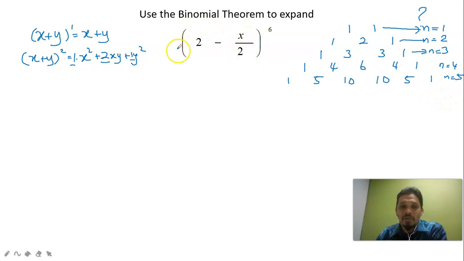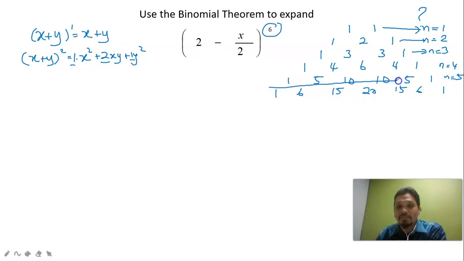Right now the question here is (2 minus x divided by 2) to the power of 6. So we're going to add another line here to come up with 1, 6, 15, 20, 15, 6, 1. This is all the coefficients that we're going to use.